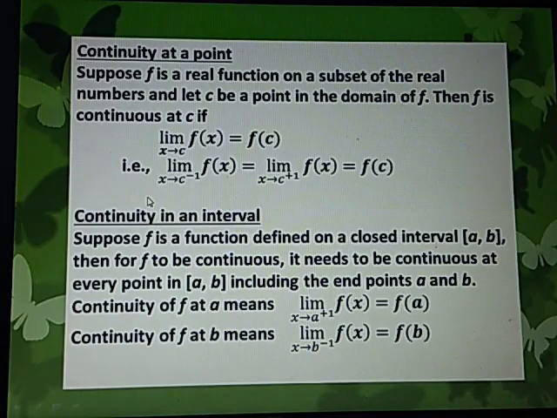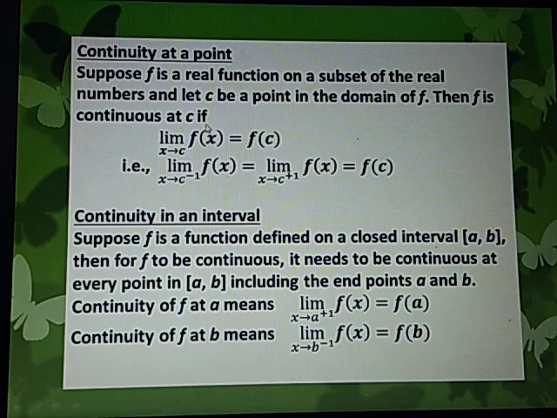After going through these many examples, we are now ready to define continuity. So we'll define continuity at a point and continuity in an interval. Continuity at a point, let us take first. Suppose f is a real function on a subset of real numbers and let c be a point in the domain of f. Then f is continuous at c if limit x tending to c f(x) is equal to f(c).